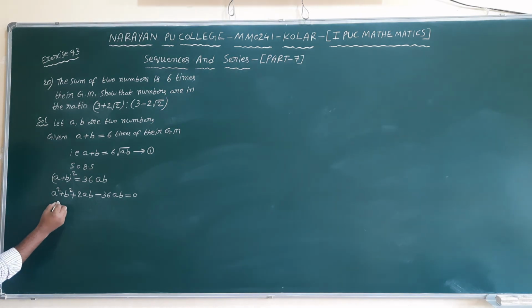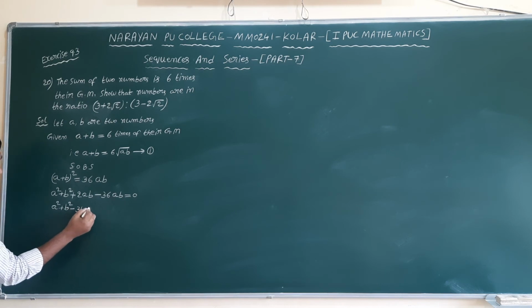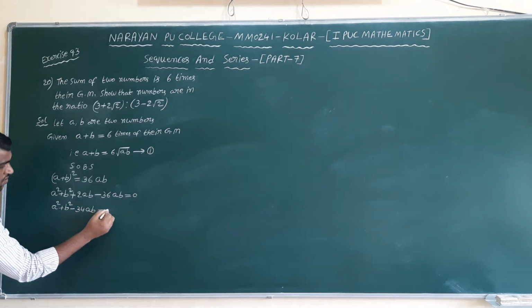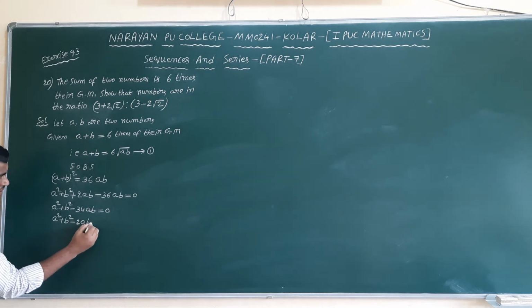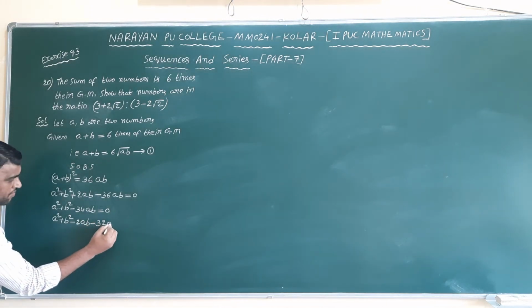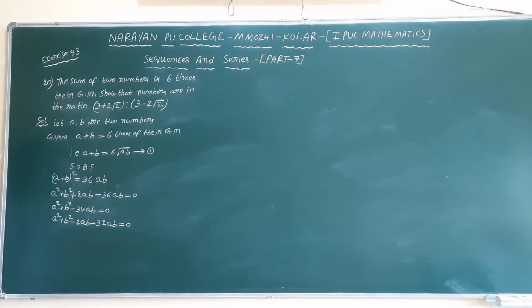So a square plus b square plus 2ab minus 36ab, that is minus 34ab, is equal to 0.